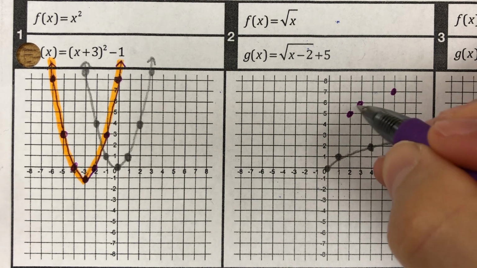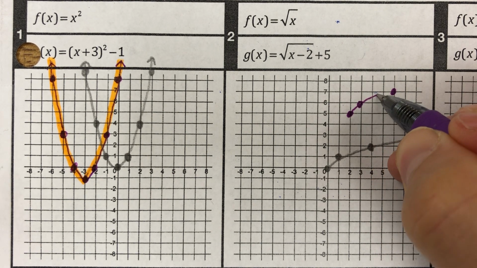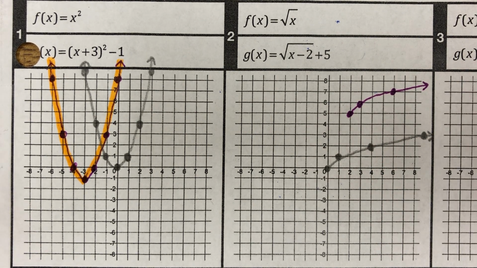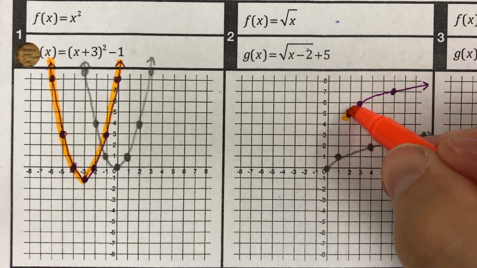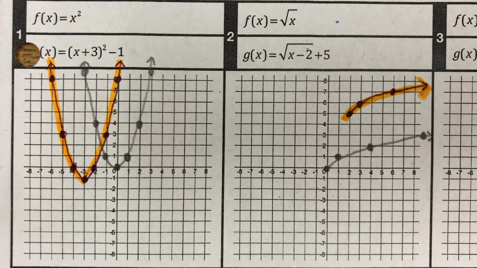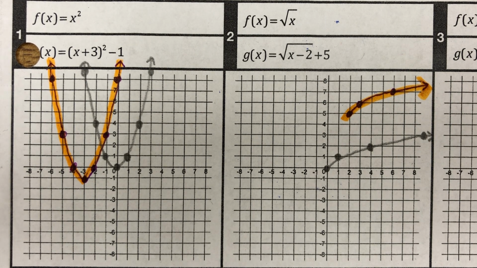He's not going to be on this graph. There's the new function. Boom. That is the graph of square root x minus 2, add 5.